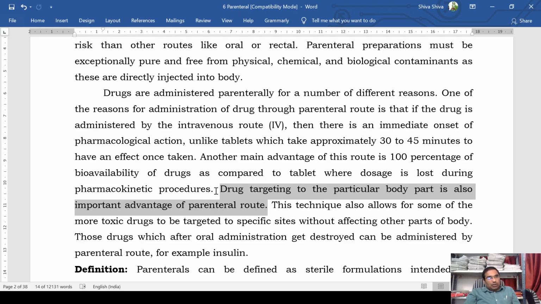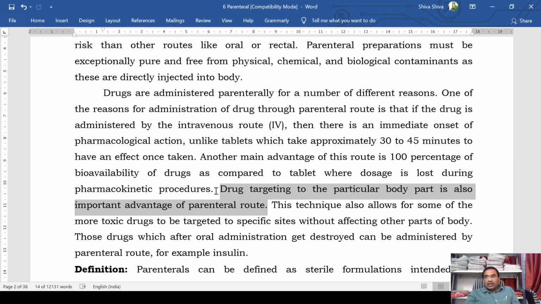So, if there are cancerous cells in the body, by using a particular mechanism or formulation technique, that drug can be targeted only to the cells of the body which are cancerous. Okay, so targeting is one of the main advantages of parenteral products.